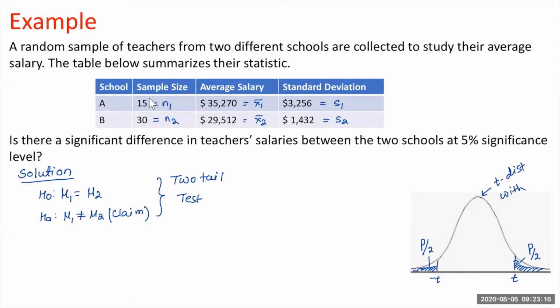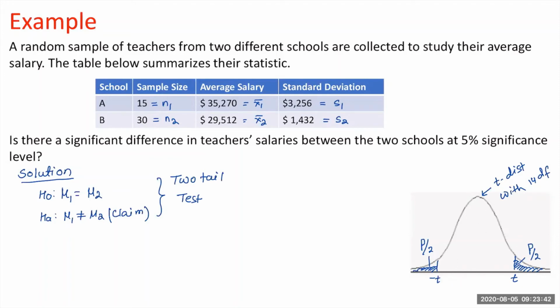If you look here, the first sample size is 15, so the degrees of freedom n minus 1 will be 14. And this one will be 30 minus 1, 29. So we have 14 and 29 to compare. 14 is the smaller, so the degrees of freedom will be 14. So we have the t distribution with 14 degrees of freedom.